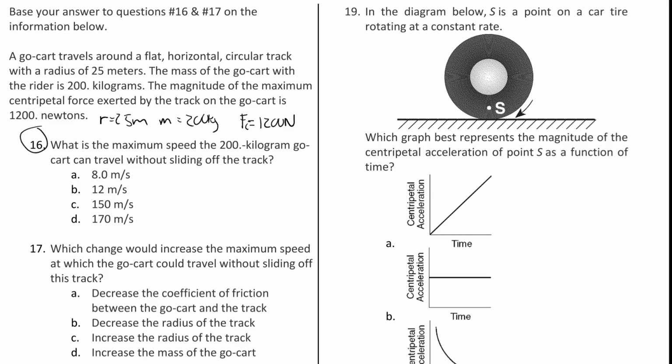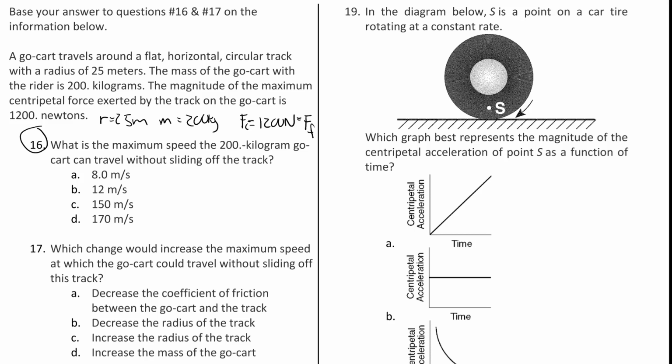What is the maximum speed the 200 kilogram go-kart can travel without sliding off the track? You do not want to exceed this force. Otherwise, you'll start sliding off the track because that's equal to the frictional force. So you can't exceed this frictional force here.